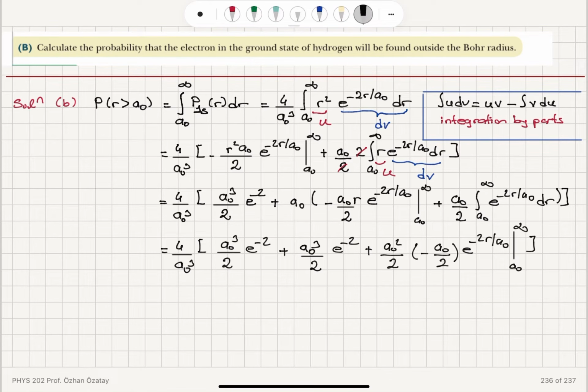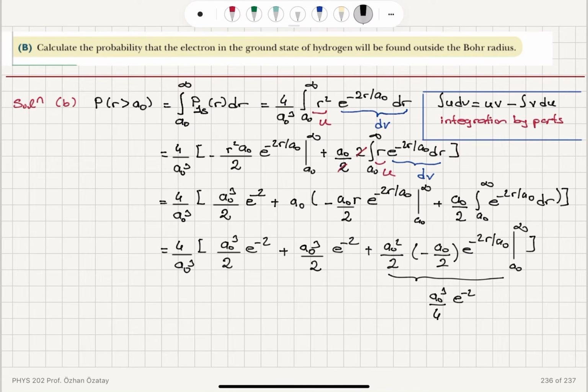And this part will give me a0 cube over 4 e to the minus 2. Why? Because evaluated at infinity, this will go to 0, so 0 minus minus will become a plus, and substituting a0 here, I get e to the minus 2. So a0 cube over 4 e to the minus 2.